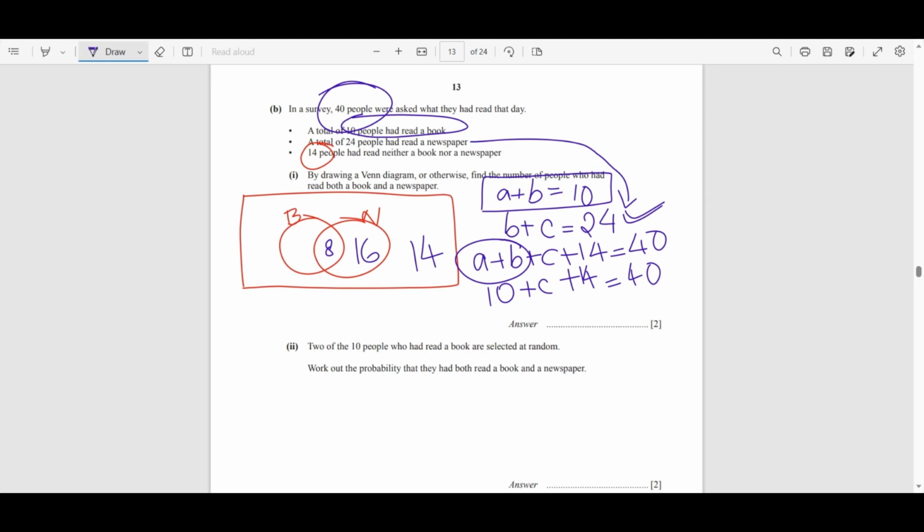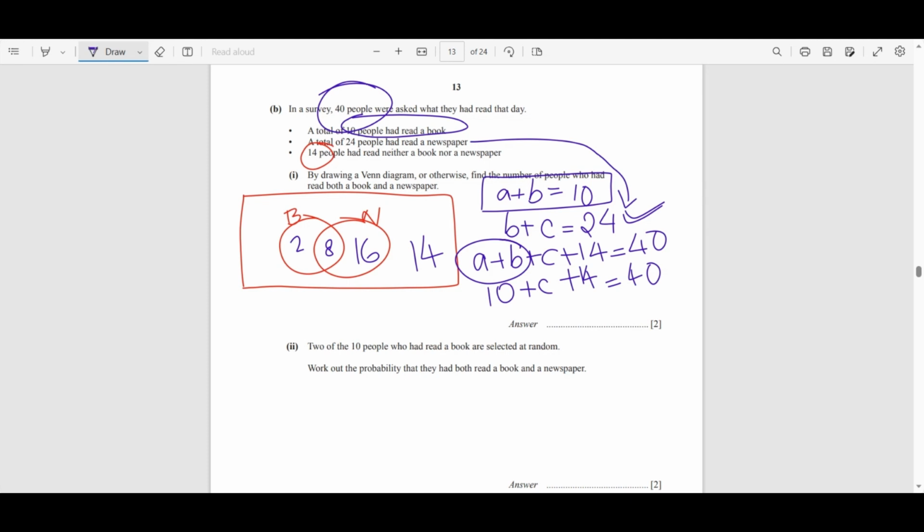And 2 people have read only the book. This is by equation number 1. So let me just quickly add everything up and verify if I'm doing it correct. So 2 plus 8 plus 16 plus 14 add up to 40. So we're in good hands.